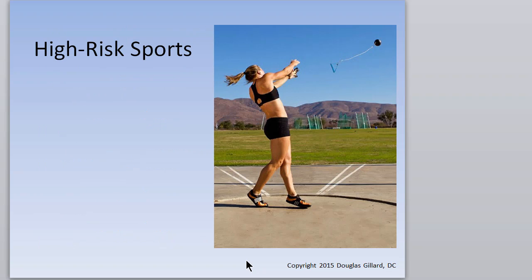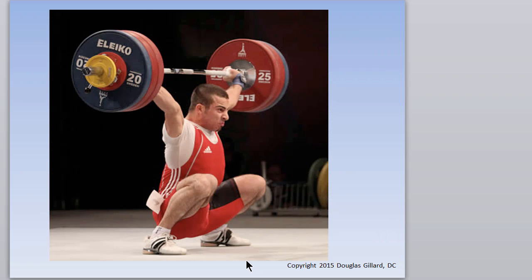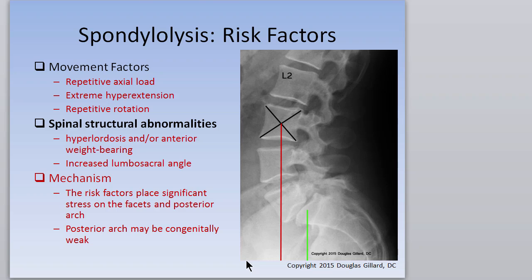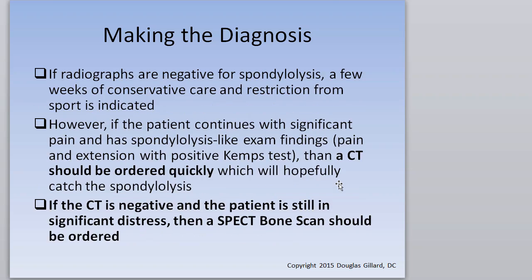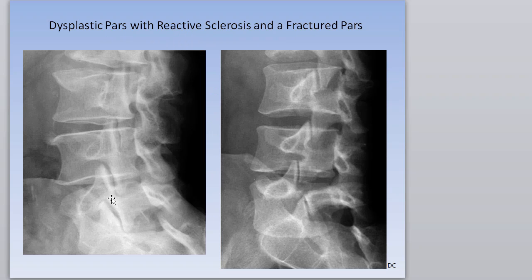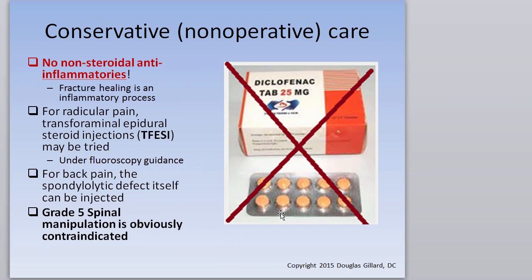It's very common, not like the general population, which is less common. Should be able to catch that, right? And remember these skip levels. Do they do good with treatment? They have a very bad prognosis. They don't do well. You can clearly see the Scotty dog. There's that dysplastic pars again. Now look at that. That's a definite pars fracture there.